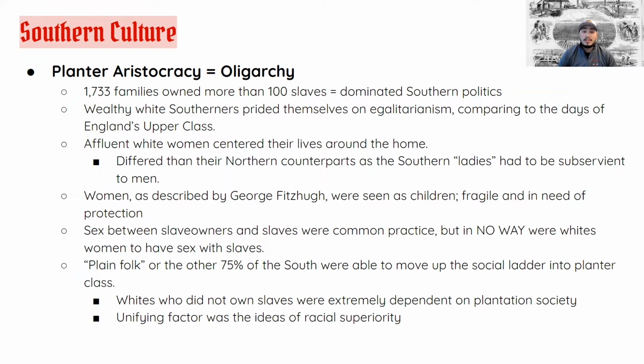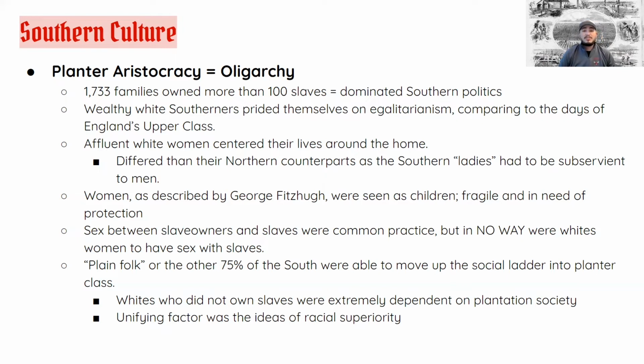Women still centered their lives around the home at this time, but they're treated more like children. For example, from George Fitzhugh, you start to hear this idea that women are fragile, in need of protection, and can be easily corrupted. And that's why they must be contained or really kept safe, to not be exposed to society. So to really be a homebody.